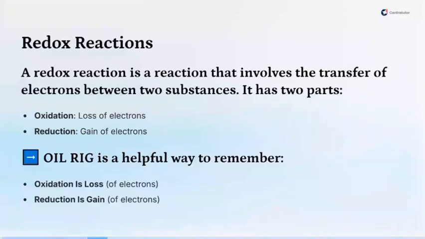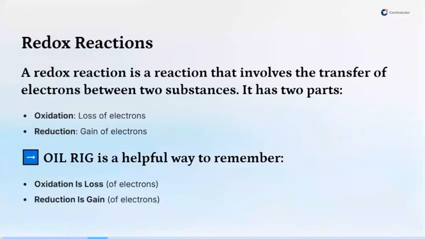Whenever the main focus might be the oxidation or the reduction, that's why they will call it an oxidation reaction or a reduction reaction. But once you have an oxidation reaction happening, there is also a reduction reaction happening in the background. The reason is that oxidation is a reaction that involves the loss of electron.